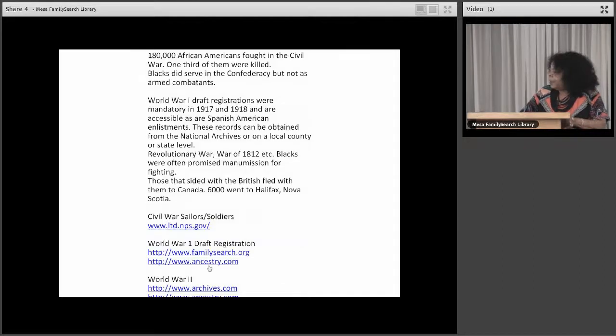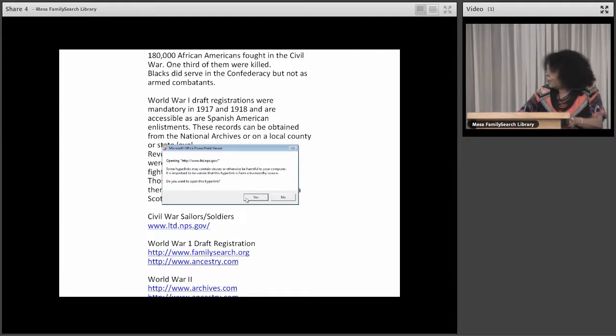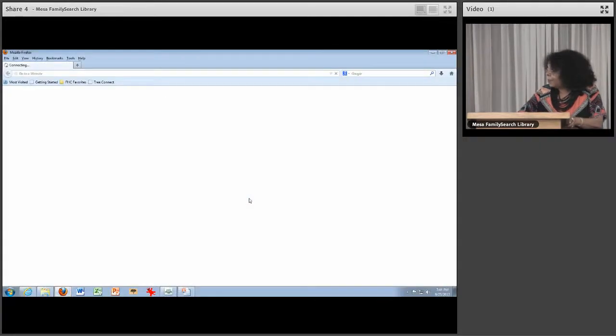Here are the sites. If you want to see if your ancestor was a Civil War soldier, these are fun too, because it tells you their units and what battles they fought in.